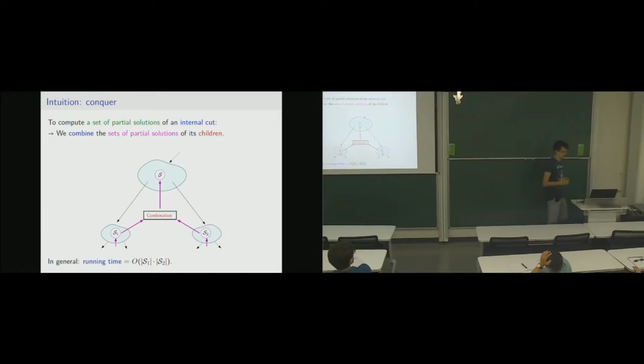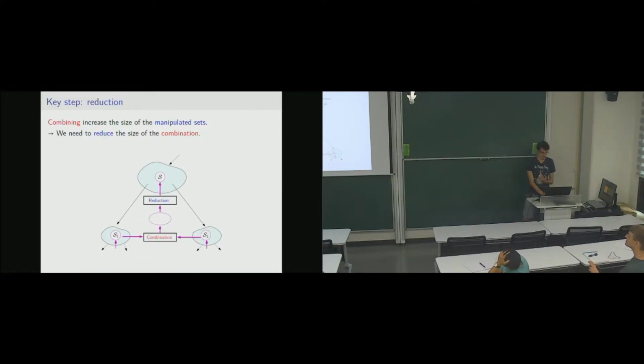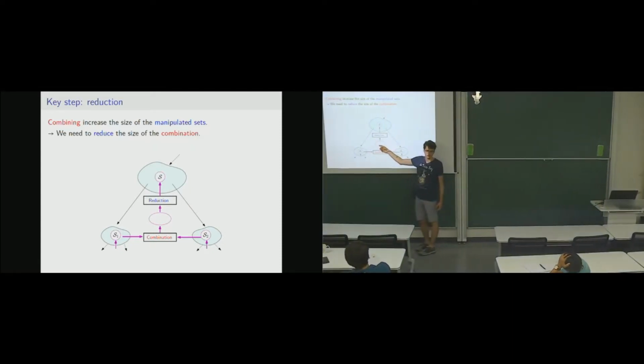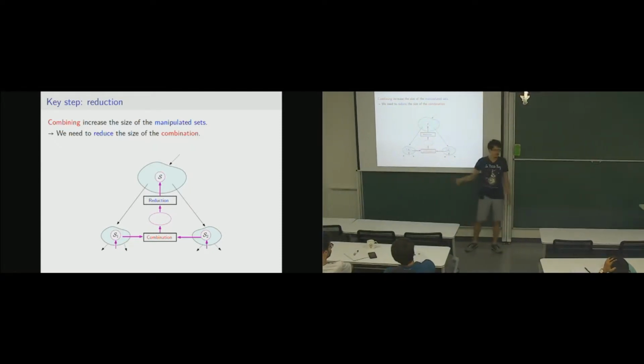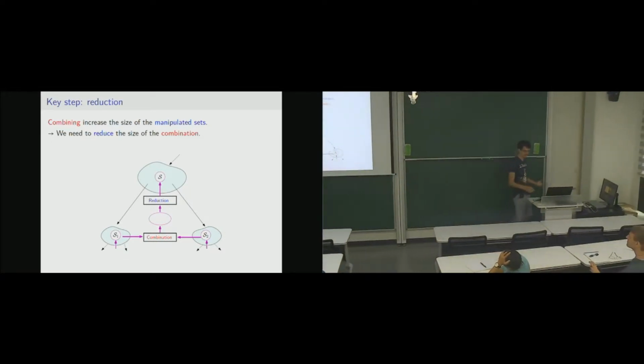So the running time of your algorithm depends on the size of the sets of partial solutions you manipulate, right? And so you want these sets to be small. Each time you combine two sets, the size will increase, right? If you do not control that, you will get a combinatorial explosion at the end. So you want to reduce the number of partial solutions.